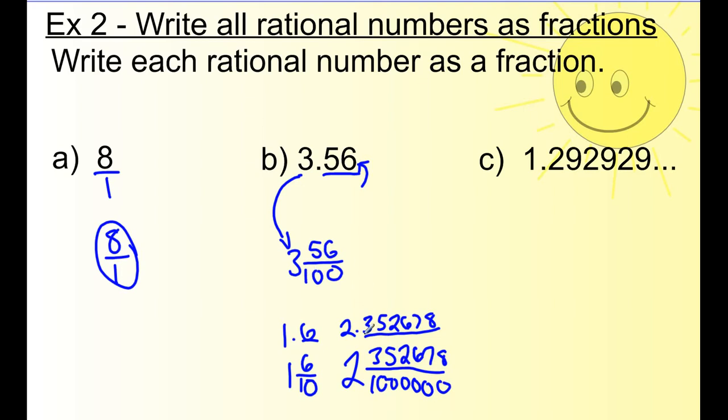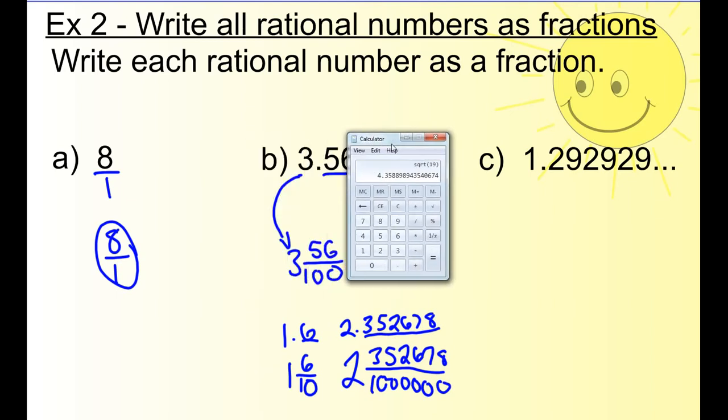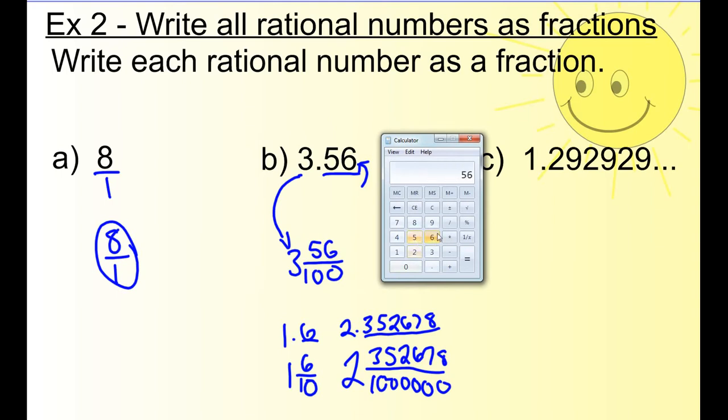Every one of these examples, if I would take this and divide it on a calculator, 56 divided by 100, 0.56. Clear. I'm going to do this one. 6 divided by 10, 0.6.